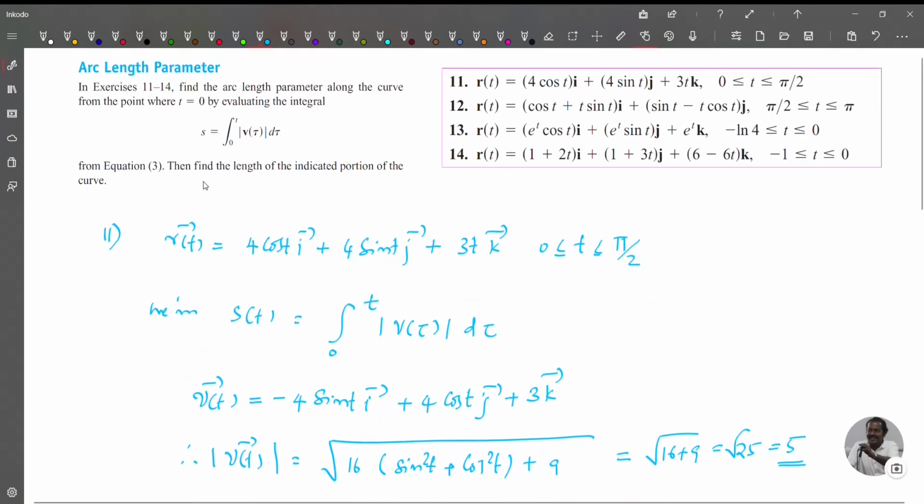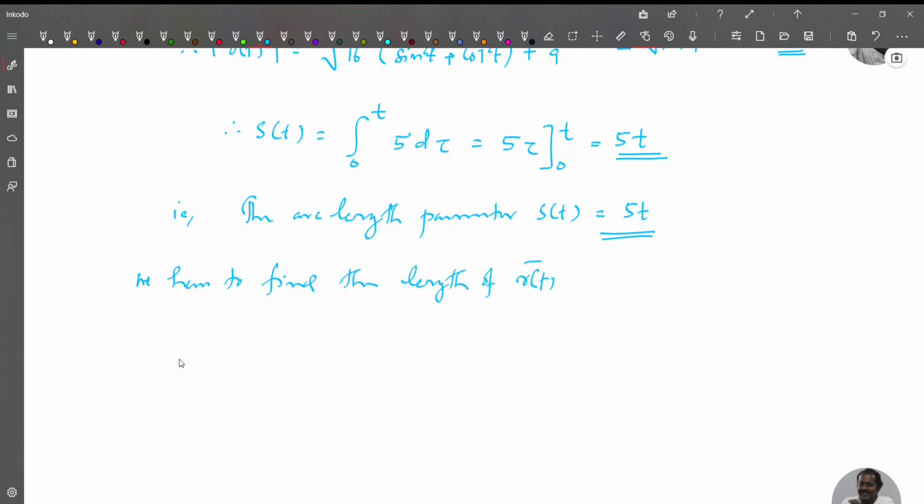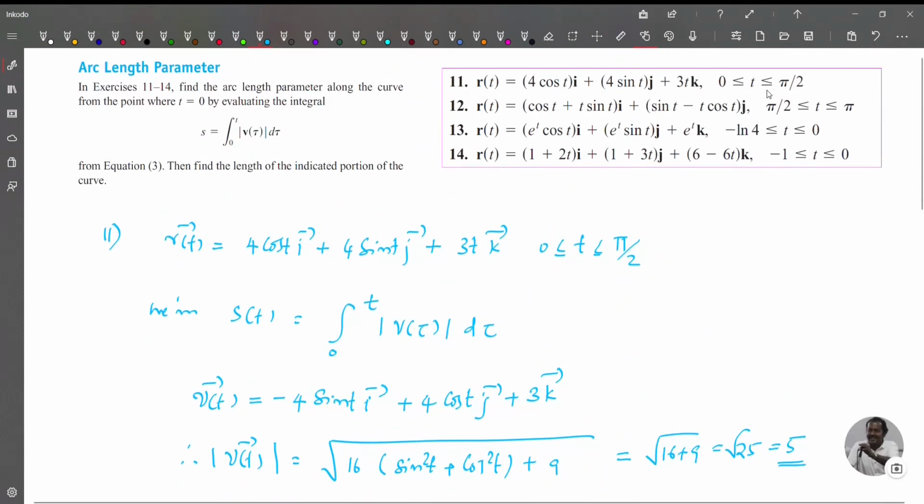Now we have to find the length of the curve r of t from 0 to pi by 2. We have to find the length of the curve from 0 to pi by 2, because 0 less than or equal to t less than or equal to pi by 2.